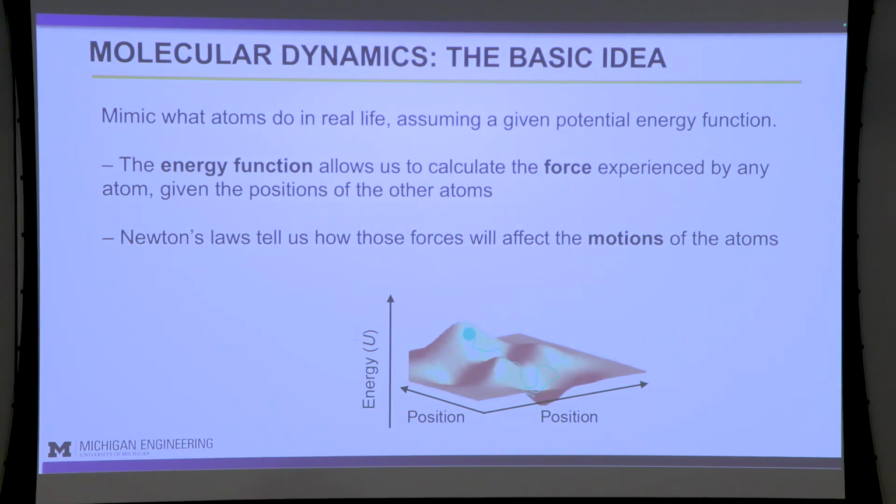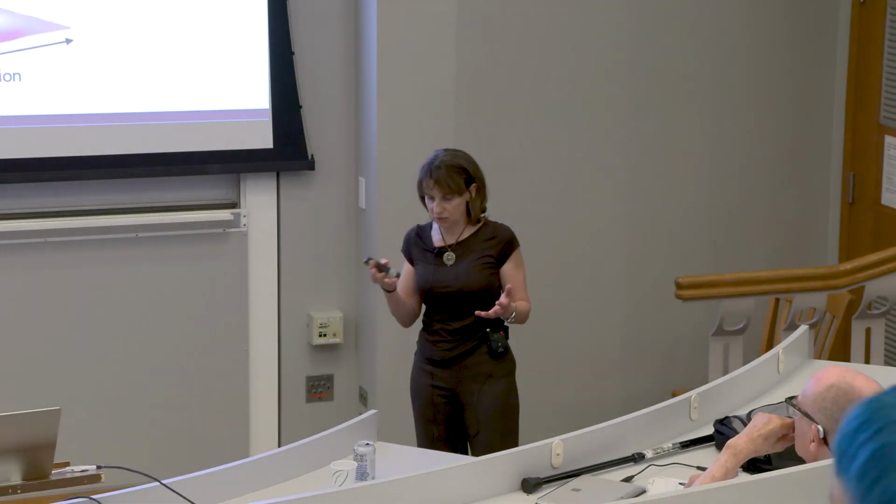So what is molecular dynamics? Just a basic idea. What it does is mimic what atoms do in real life, assuming a potential energy function. We talked yesterday a lot about DFT. Before DFT, I was talking about this potential energy, the interaction between atoms.